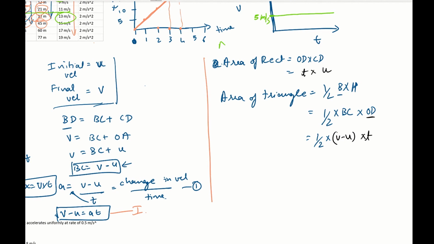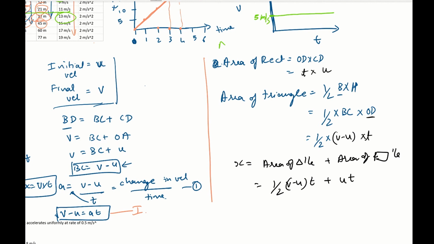All right, so the change in position, or the position, is nothing but the area of triangle plus area of rectangle. Area of triangle is half V minus U times T, plus area of rectangle is UT.